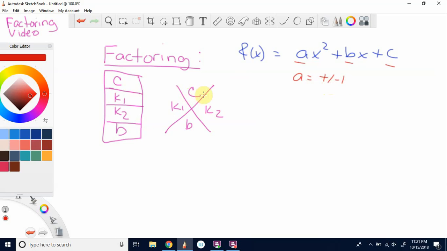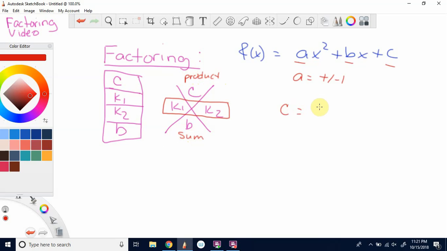But first of all, we're going to assume for now that A is positive 1. When that happens, we're going to put C here, B here, and then we're going to find these two values. So we're going to start with a little chart, and we're going to call this C, K1, K2, B. C is going to be the product, and B is going to be the sum.